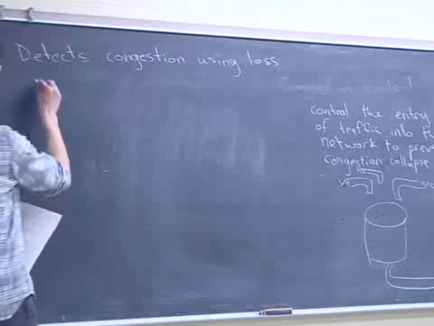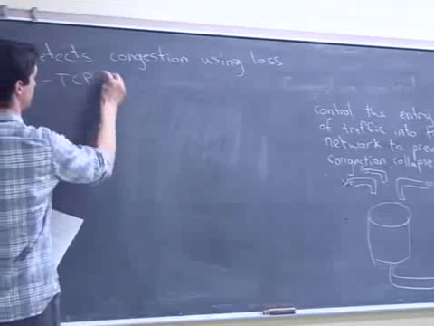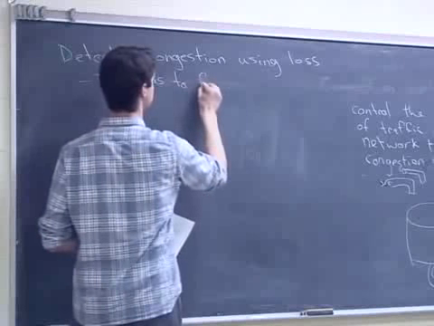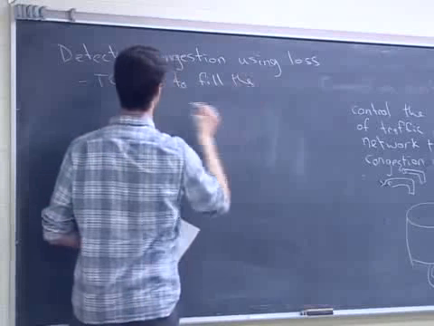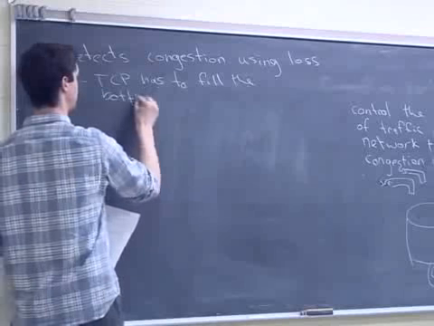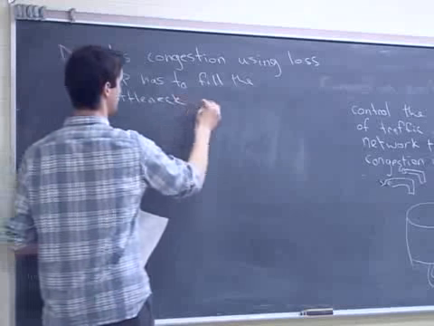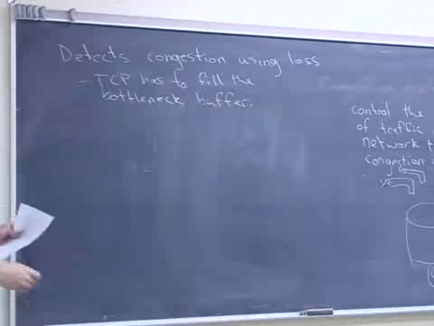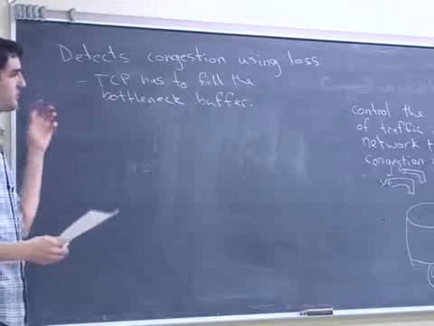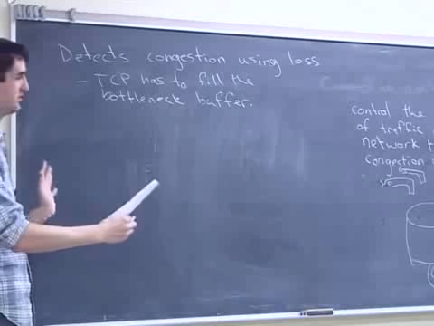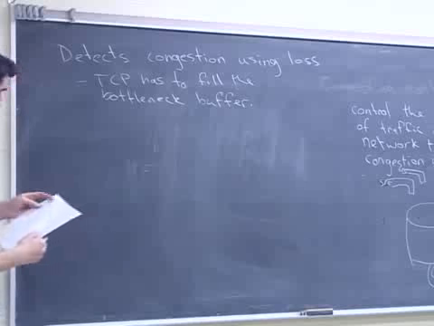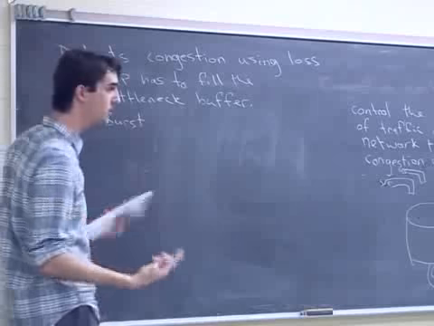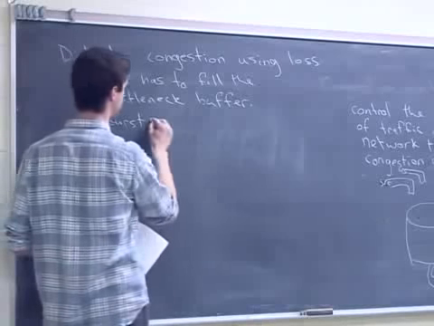All right, so this means that TCP has to fill up the buffer at the bottleneck. And so this means that the buffer at the bottleneck will always be nearly full. It'll either be full or at least very close to being full. So then if you have a burst of traffic, then most of that burst will be lost.